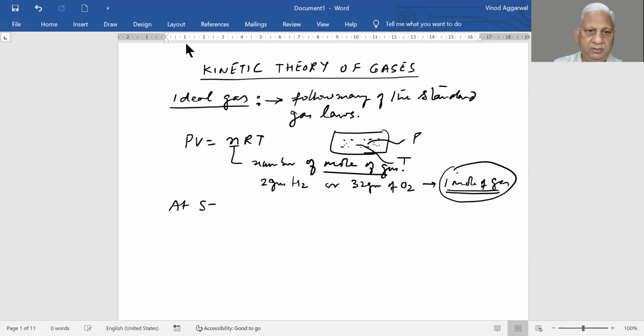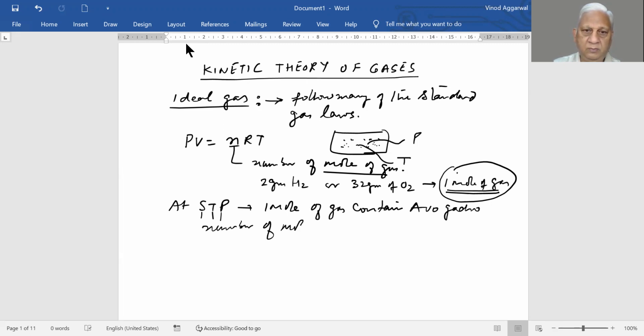At STP, which is standard temperature pressure condition, 1 mole of gas contains Avogadro's number of molecules or atoms, as the case may be, and its value is approximately 6.02 times 10 to the power 23. This is one property.